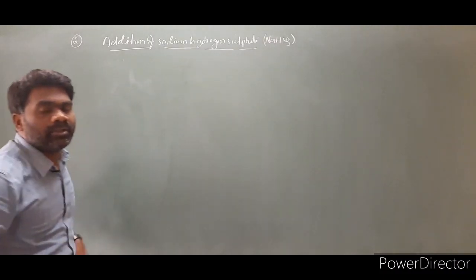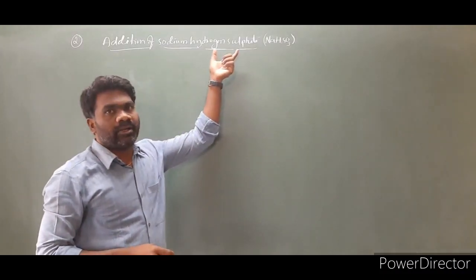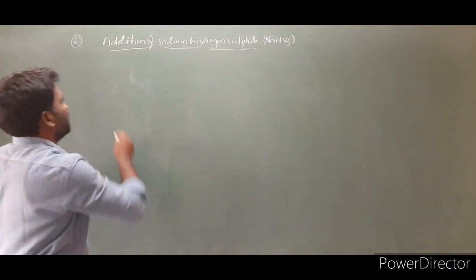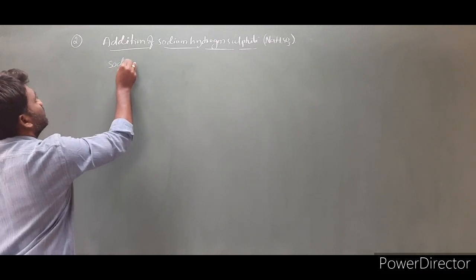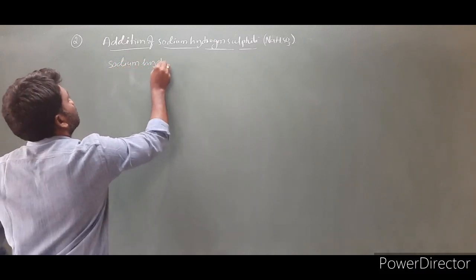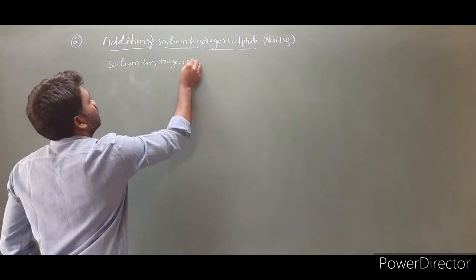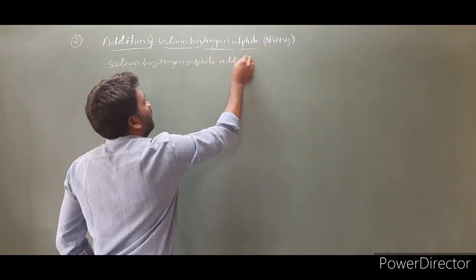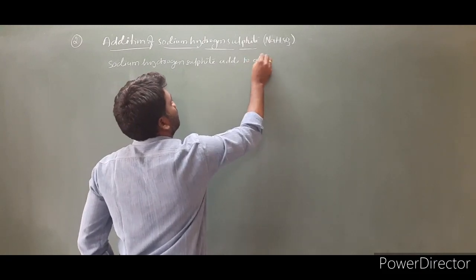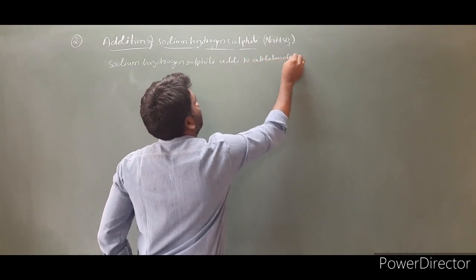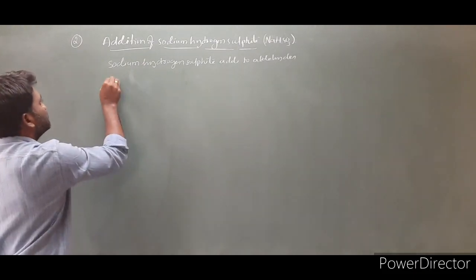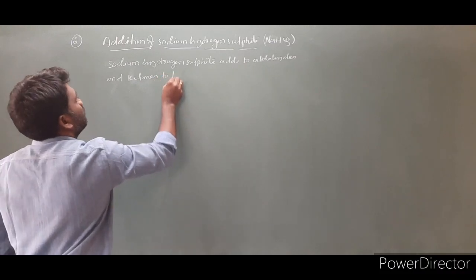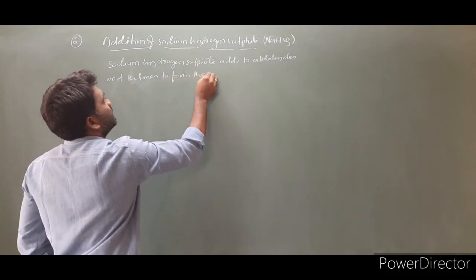Sodium hydrogen sulfite adds to aldehydes and ketones to form the addition product. Read the statement: sodium hydrogen sulfite adds to aldehydes and ketones to form the addition product.